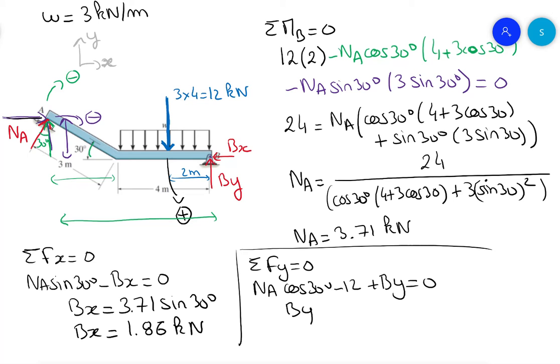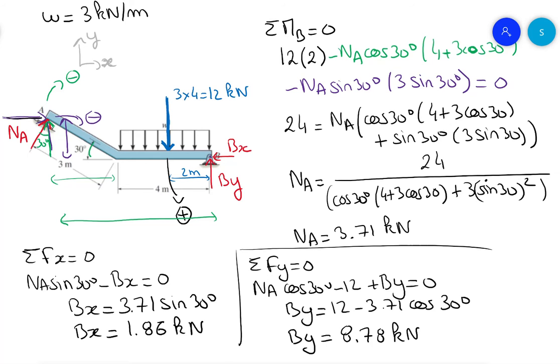So we have BY that is equal to 12 minus NA, that is 3.71 cosine 30. So 12 minus the value of NA and cosine 30. This is 8.78 kilonewton.